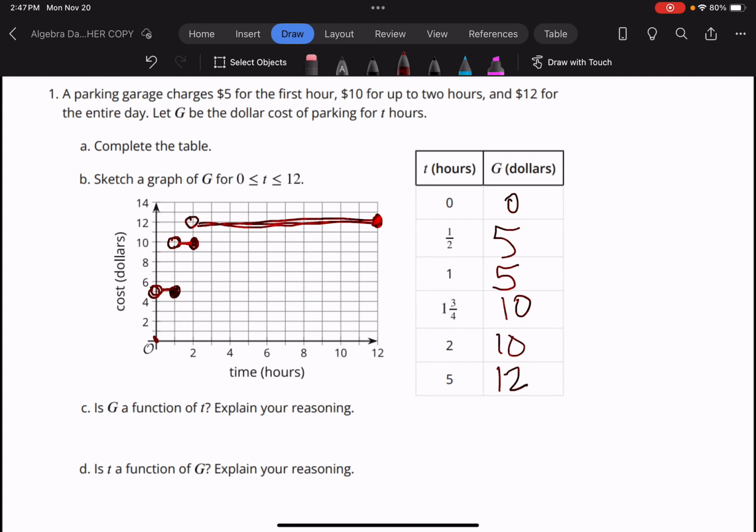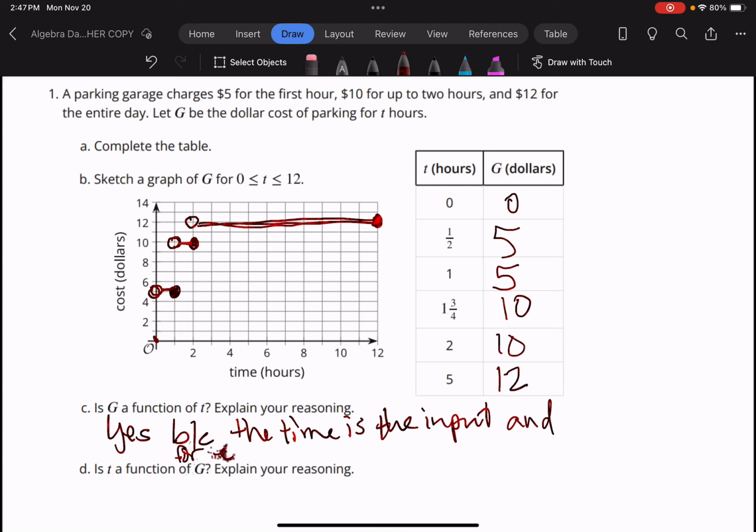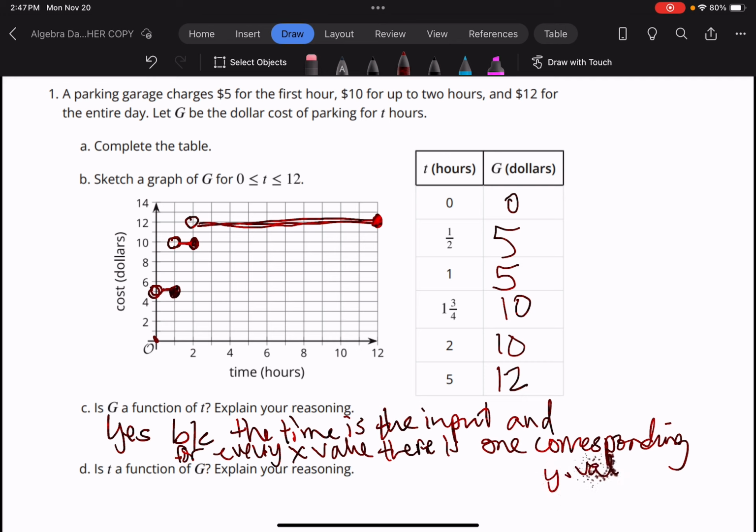It says, is G a function of T? So is the cost a function of time? Yes, because the time is the input, and for every x value, there is one corresponding y value.